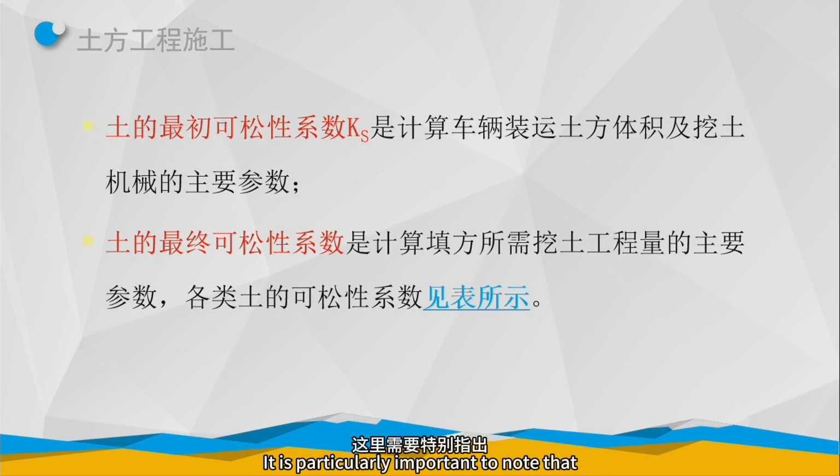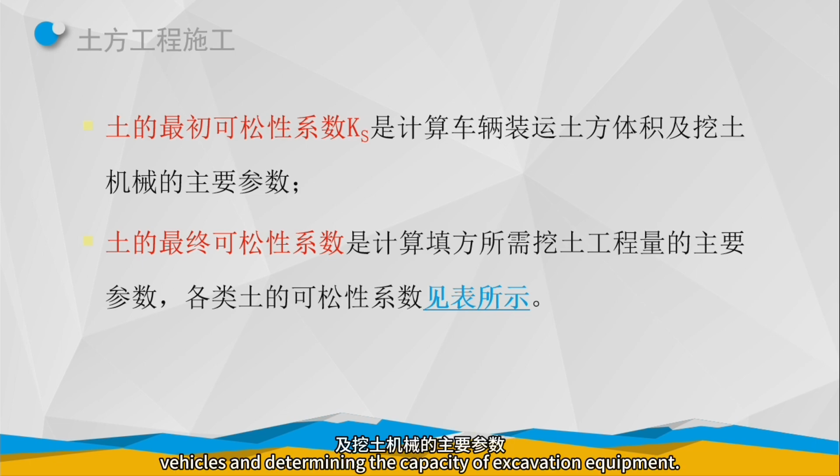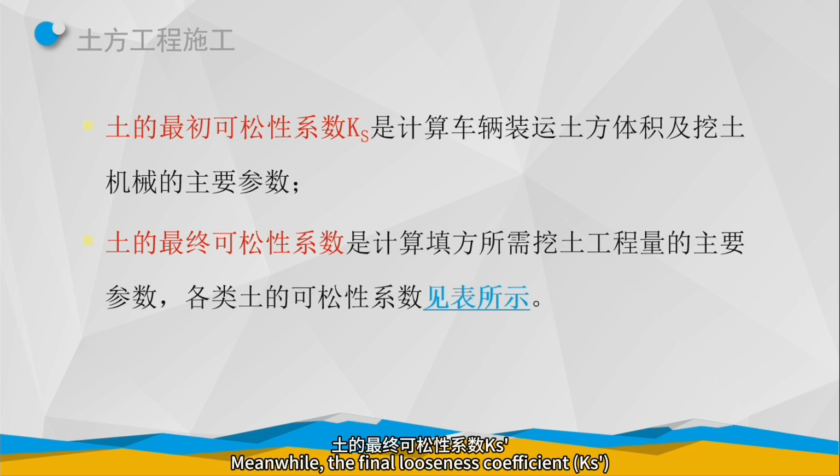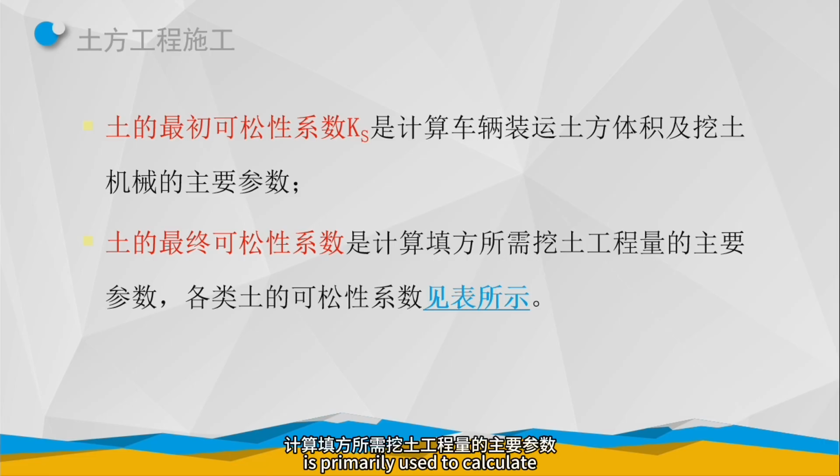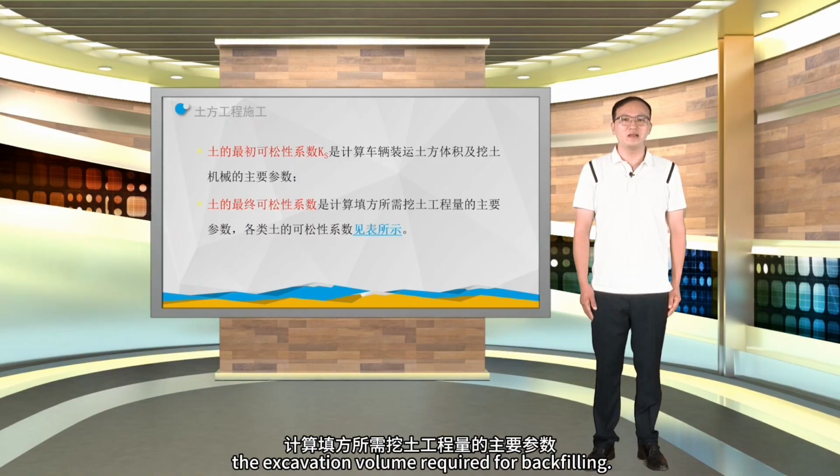It is particularly important to note that the initial looseness coefficient, K_s, serves as a key parameter for calculating the volume of soil to be transported by vehicles and determining the capacity of excavation equipment. Meanwhile, the final looseness coefficient, K_s', is primarily used to calculate the excavation volume required for backfilling.